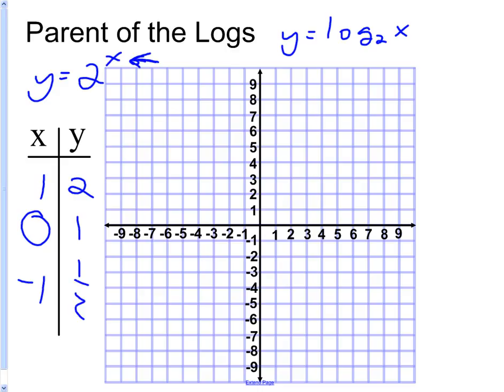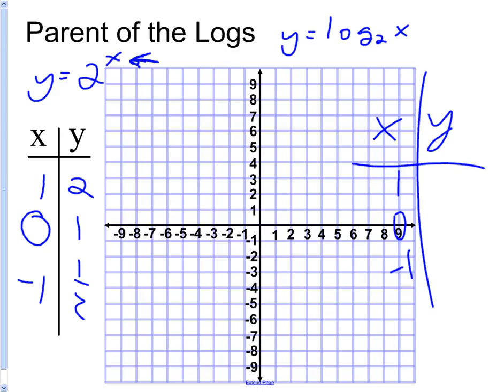But if you try to do that over here, take x, y, and you try to stick in 1 and 0 and negative 1, it's almost impossible because you're trying to figure out log base 2 of 1, and that means 2 to the what equals that number. It'd be a lot easier if you, since it's opposites, everything's like opposite of each other, the x and the y have been replaced.